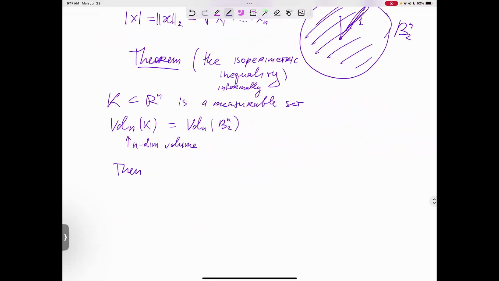Then the perimeter of K, which we'll discuss in a minute, is going to be bigger than the perimeter of the ball.